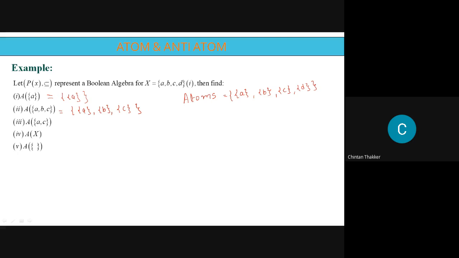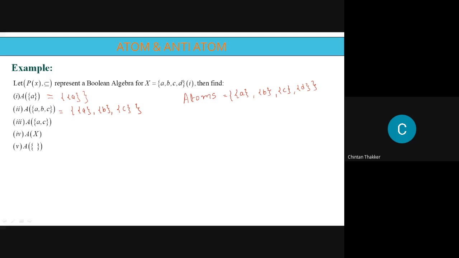What about A of X? X means the set. So A of X: X is the I element, so all atoms. That means singleton A, singleton B, singleton C, and singleton D. A of phi, null set.